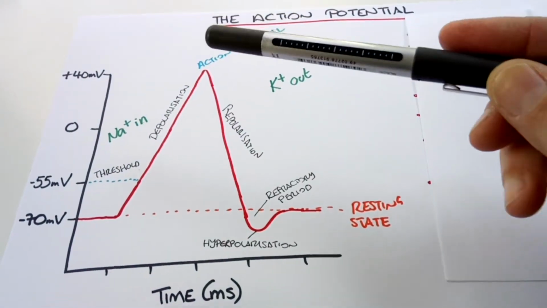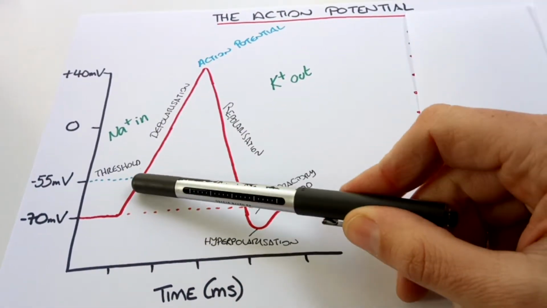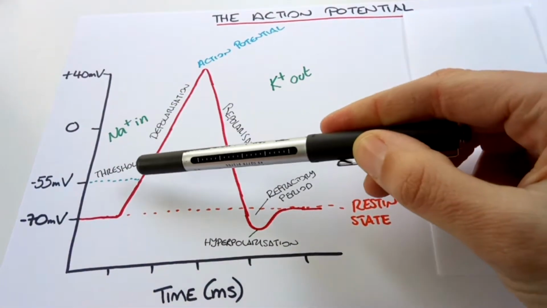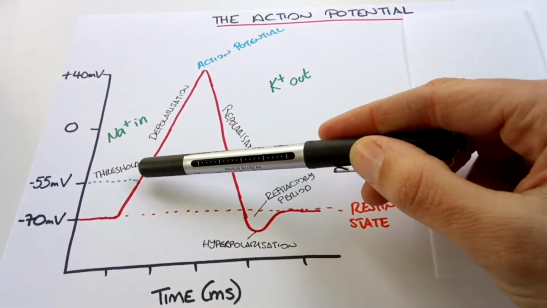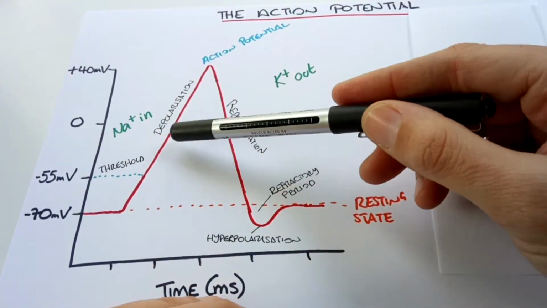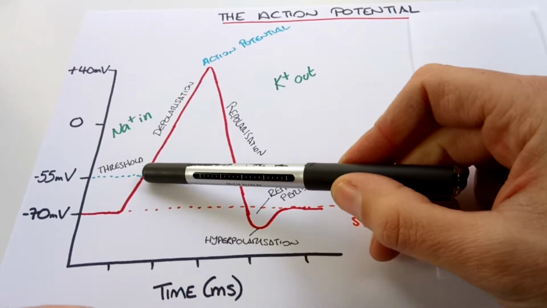Once the voltage of the cell reaches about minus 55 millivolts, it hits the threshold. Once it hits that threshold, an action potential is inevitable. Nothing's going to stop it, right? It's going to go boom.